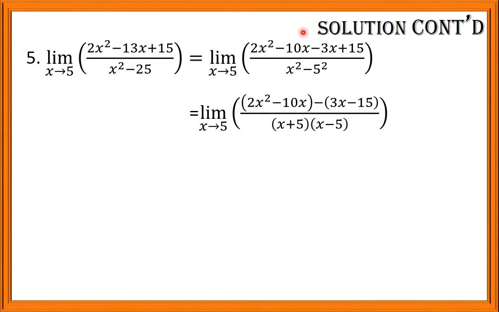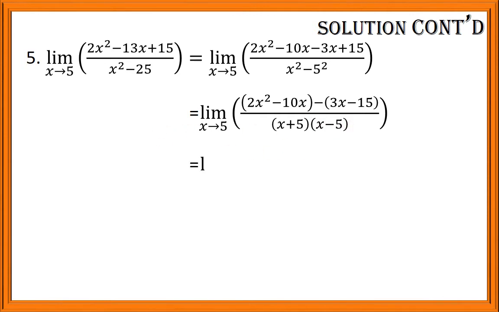So simplifying, this would then be equal to 2x squared minus 10x minus 3x plus 15. That is when we factorize the top here. And the bottom, x squared minus 25, can also be written as x squared minus 5 squared, which we can factorize as x plus 5, x minus 5 from difference of two squares.